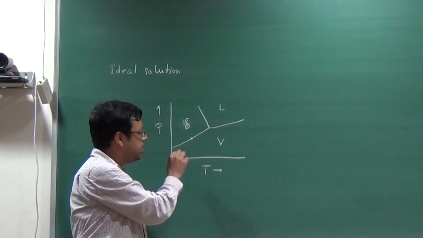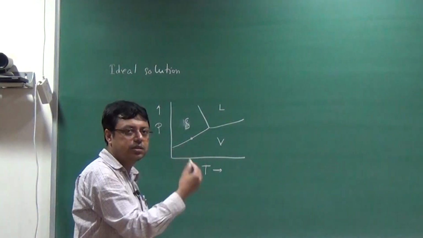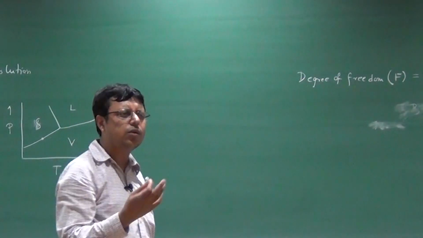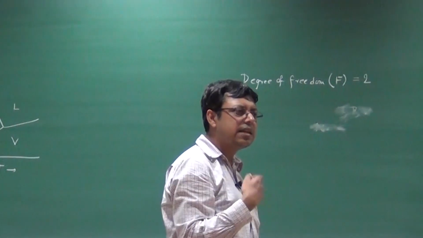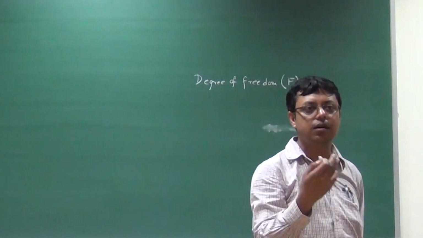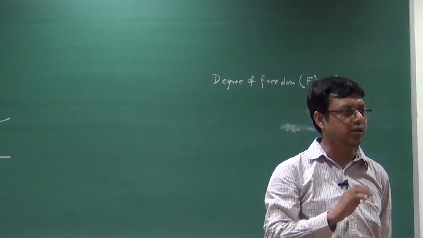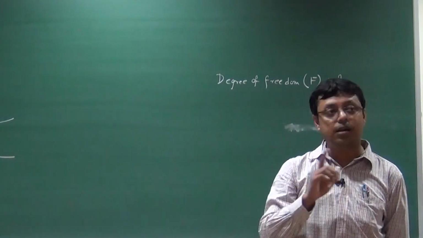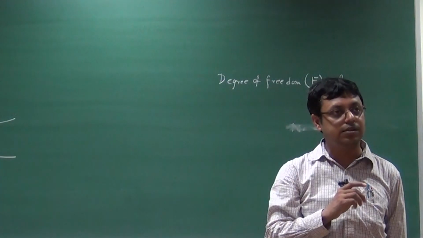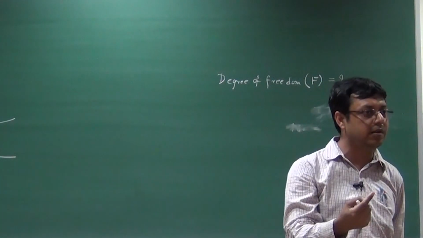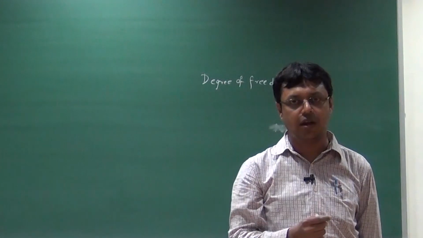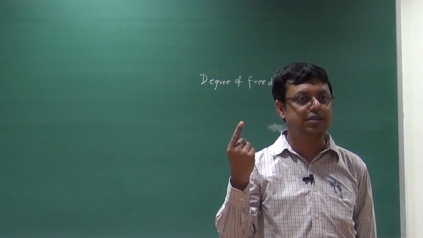Automatically for this line you will have an equation for pressure and temperature. That's what we derived. That is exactly the Clausius-Clapeyron equation. So that we discussed. Now those are equations connecting pressure and temperature, which means you are reducing your variables further, to 1 instead of 2.